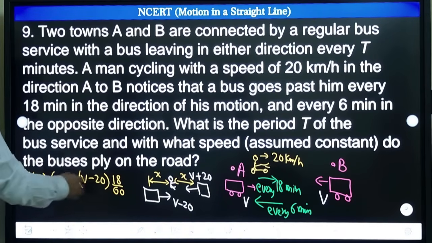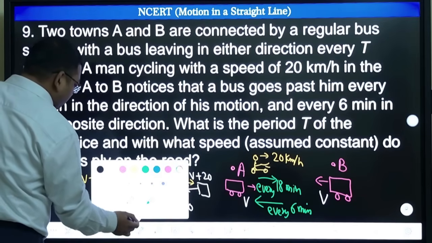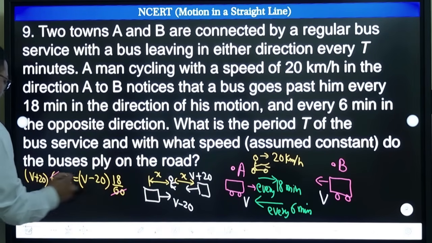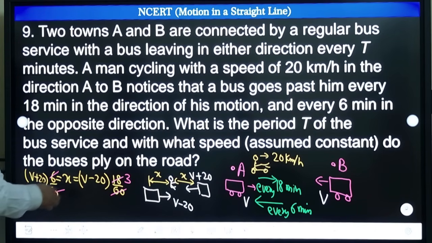Now try to solve these two equations. Definitely you will get the speed v. So 60 will get cancelled, and 6 will get cancelled with 3 here. So v plus 20 is equal to 3v minus 60.